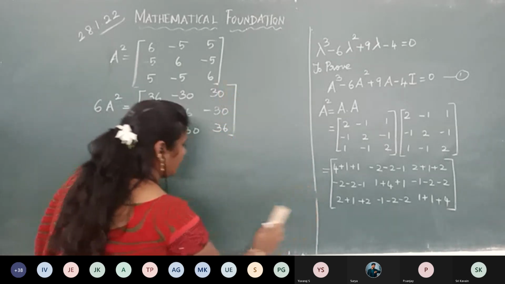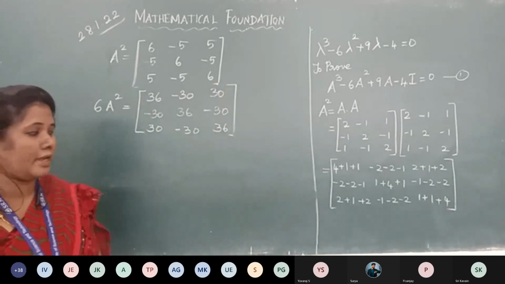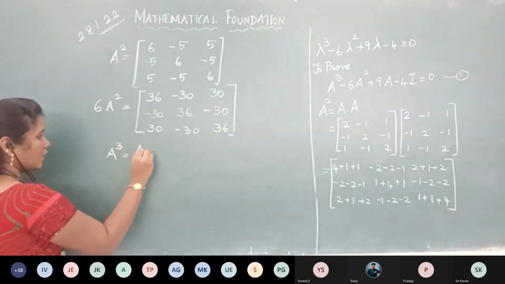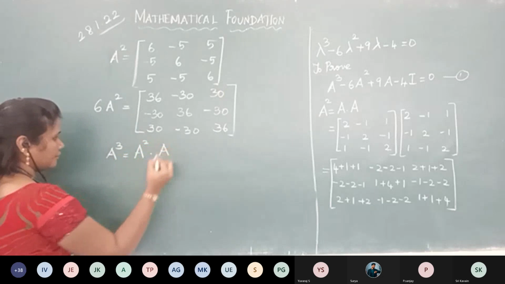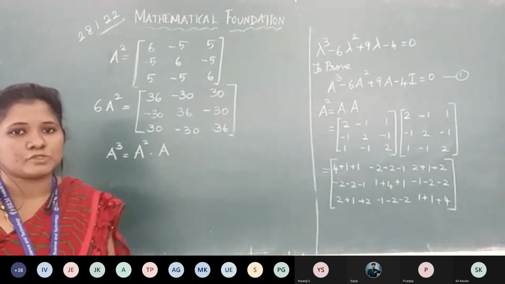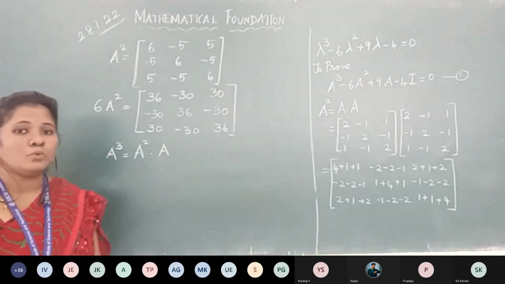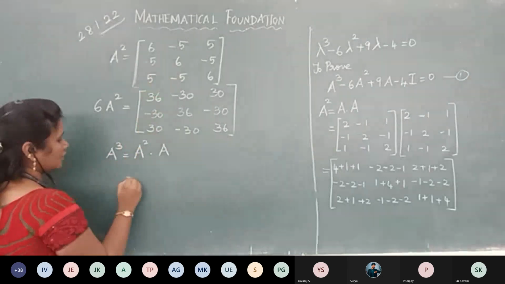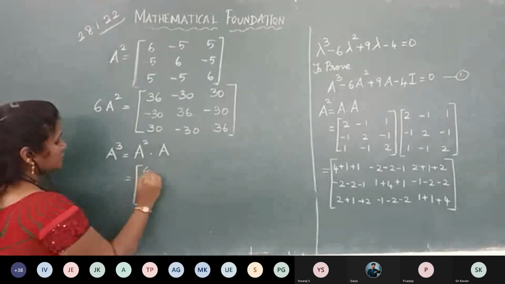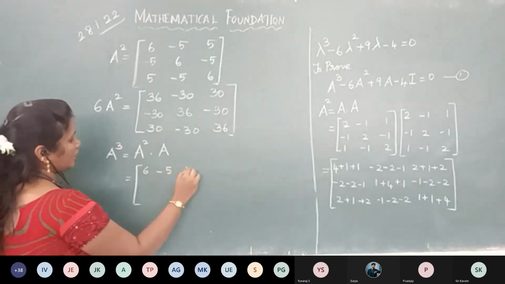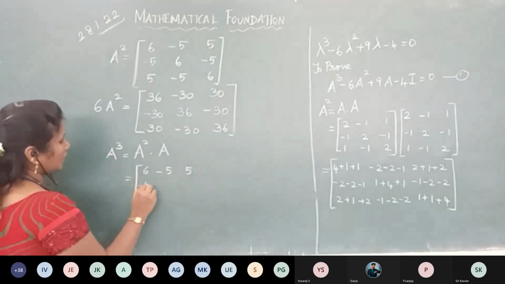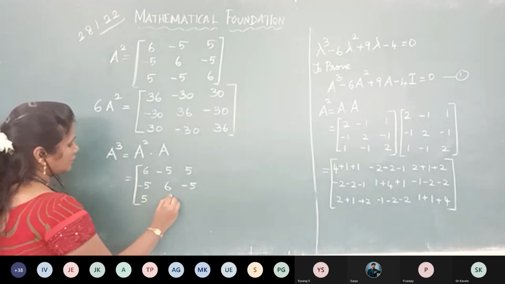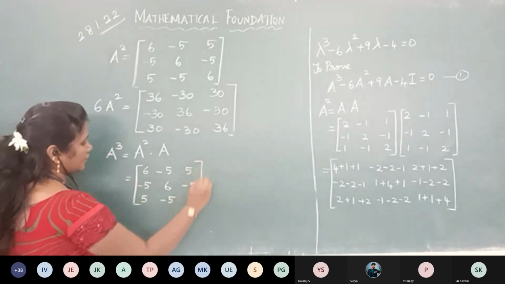Okay. Next we have to find out your A cube. Your A cube will be nothing but A square dot A. Whatever we have got, your A square, into again your A matrix. So your A square is this term: 6, minus 5, 5, minus 5, 6, minus 5, 5, minus 5, 6.